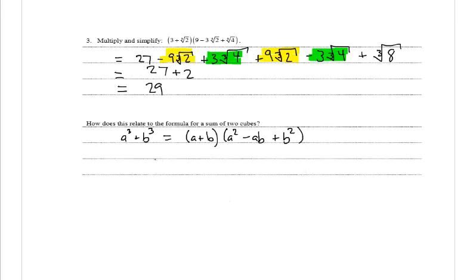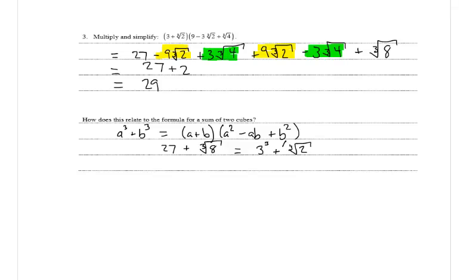And if we have 27 plus the cube root of 8, that can be written as 3 cubed plus the cube root of 2 cubed, where a is equal to 3 and b is equal to the cube root of 2.